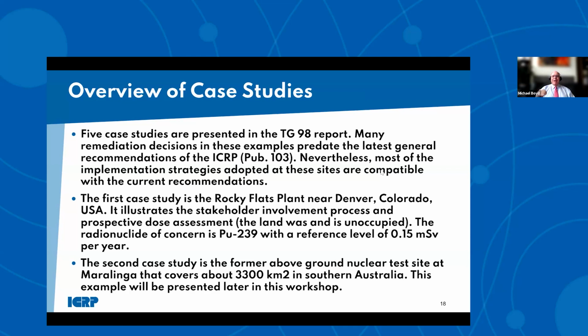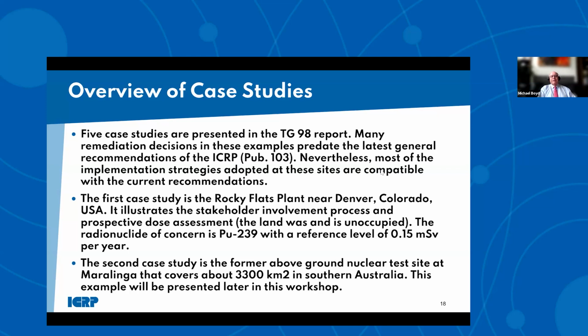In some cases, we have identified what the reference level would be, even though that term may not have been used at the time of the remediation. So I would say that nevertheless, most of the implementation strategies adopted at these sites are compatible with the current recommendations. The first case study we offer is the Rocky Flats plant near Denver, Colorado.